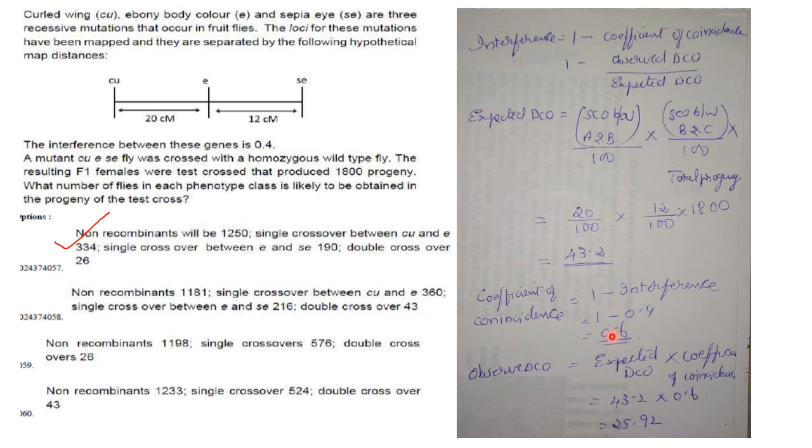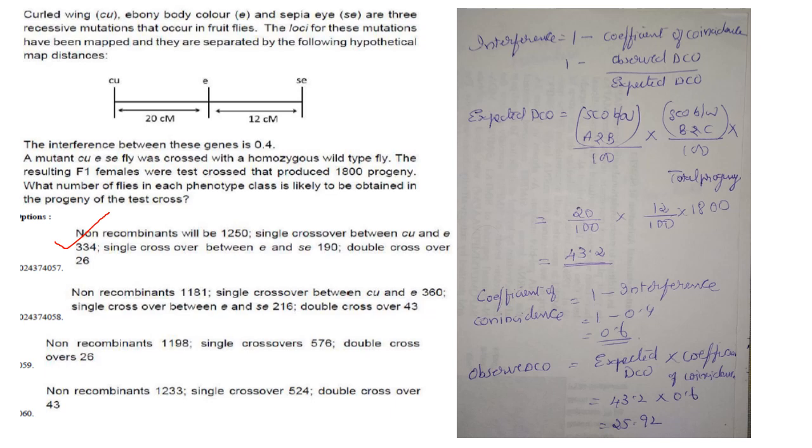So 1 minus 0.4 is 0.6. Now observed double crossovers is equal to expected double crossovers into coefficient of coincidence. So that is 43.2 into 0.6, that is 25.92 or approximately 26.